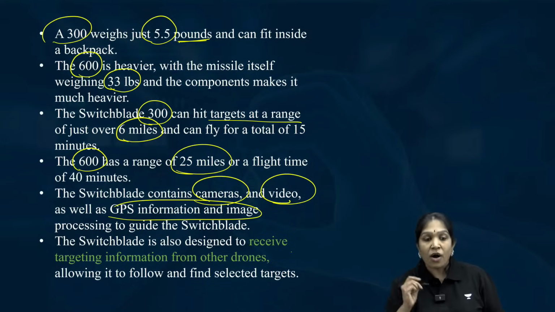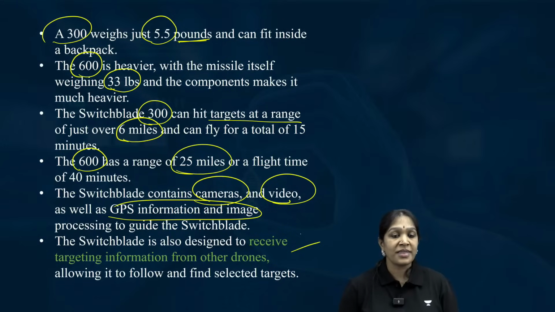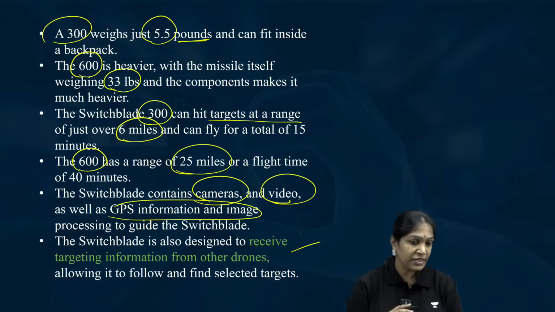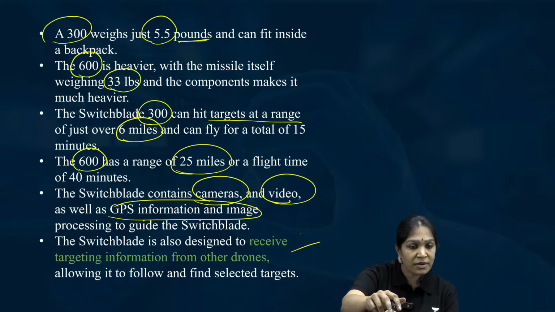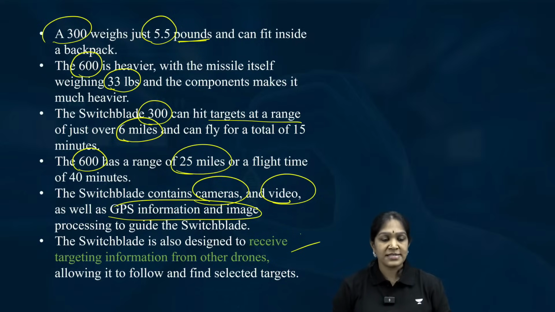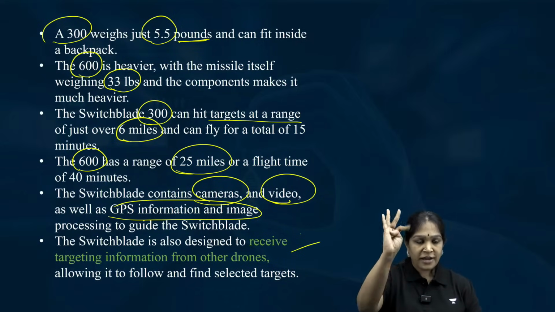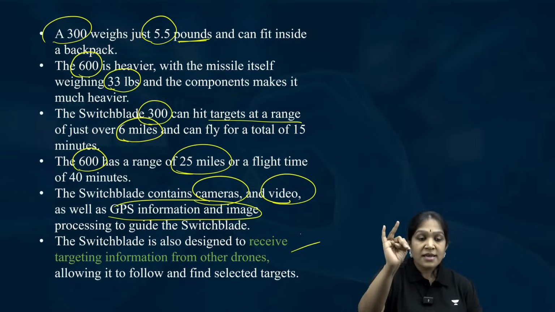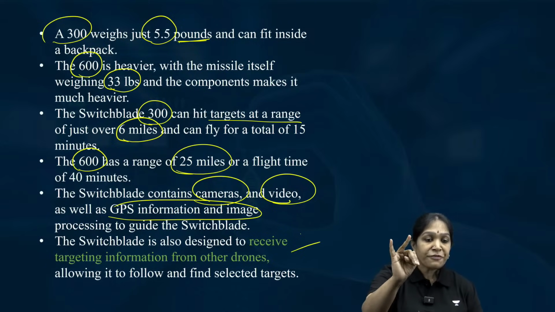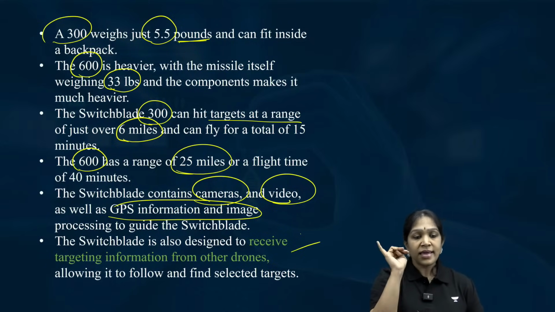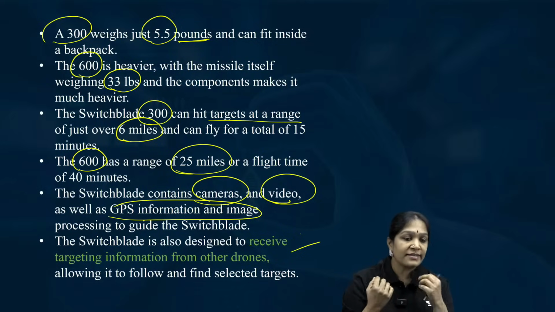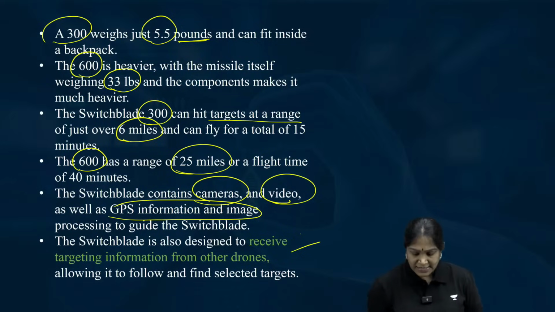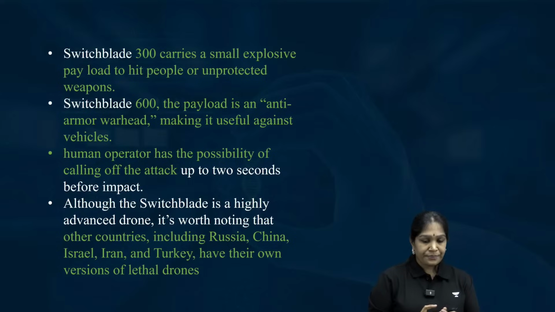Plus, they can also receive information from other drones. It means from another drone, you can command this drone where to hit. Cameras, videos, GPS and command from another drone. These are the sources from which the Switchblade drones will get the information.